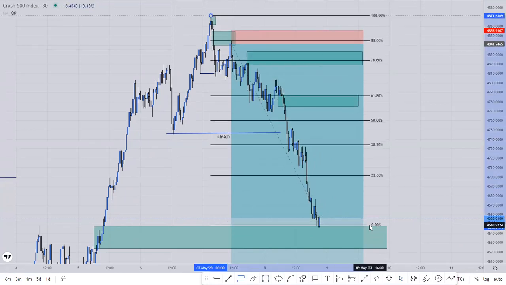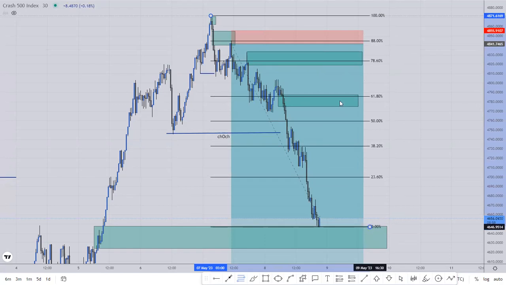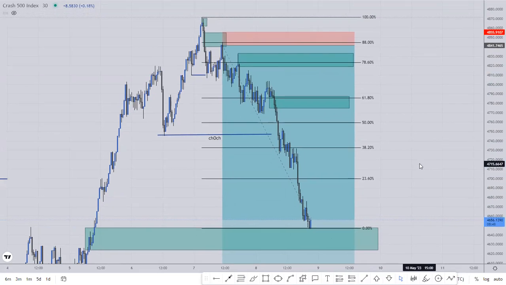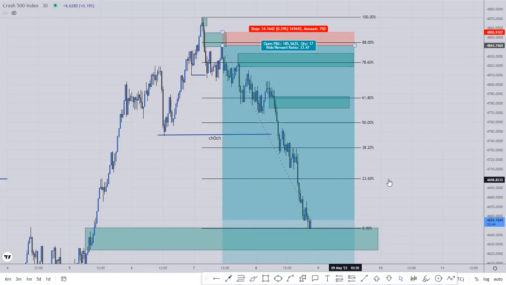Point A to point B, 78.6. Wonderful. That level is a sniper level to sell. 78.6, 88%. Those are levels where you can enter hard, especially when you have all the confluences like this.